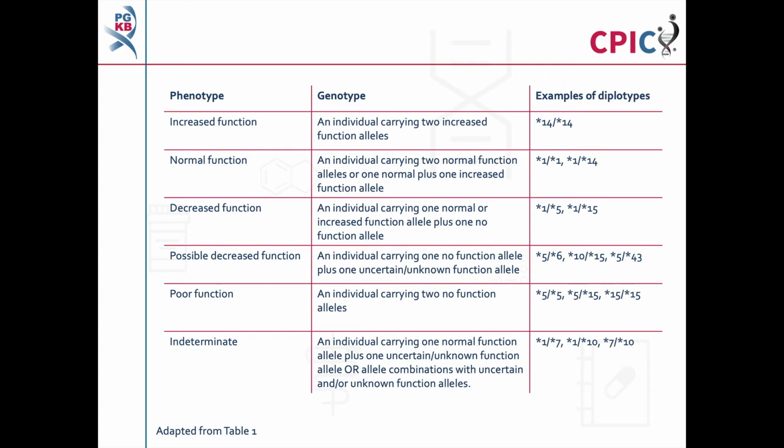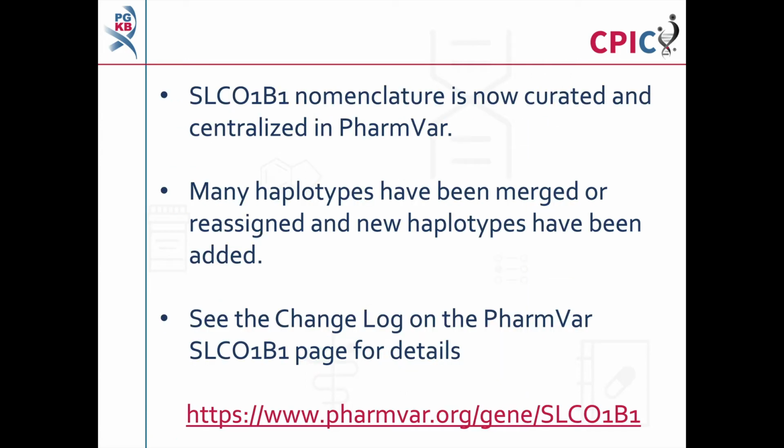A link to these tables is given in the description below this video. As part of producing this guideline, SLCO1B1 allele nomenclature was curated and centralized into PharmVar. This has resulted in significant changes, including the merging or reassignment of alleles. The SLCO1B1 page on PharmVar contains a changelog with further details.